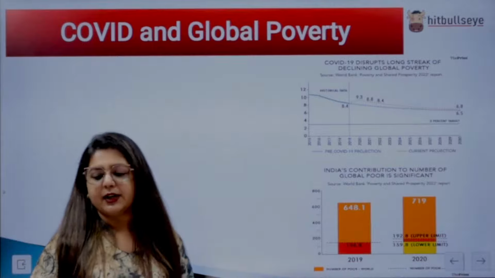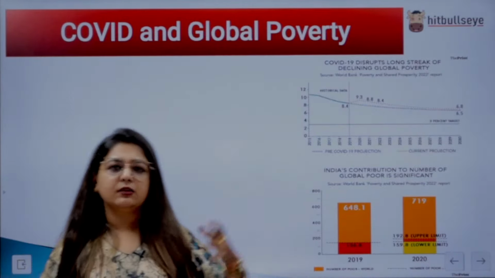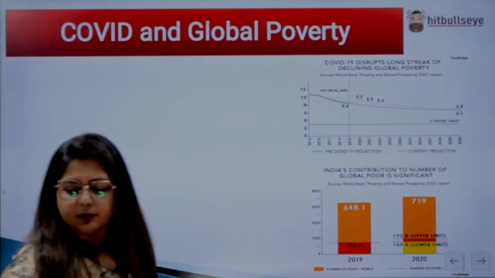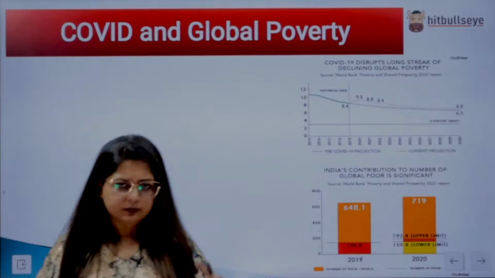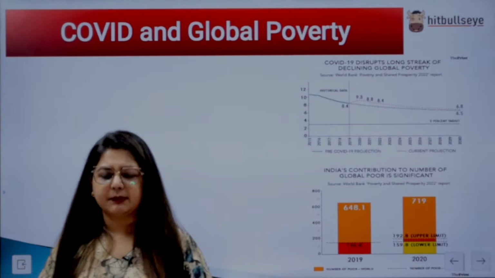So the latest estimate of the World Bank is again using poverty data from 2017 to 2019, as I had discussed, and from 2019 onwards, of course, the data has been taken in a way that a good span of time is considered.